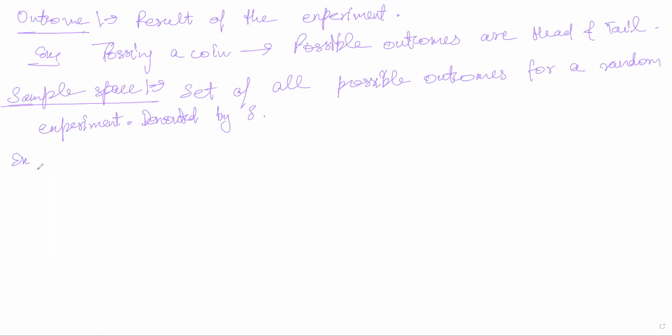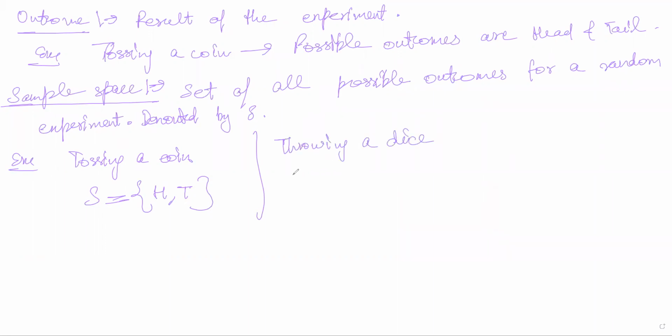फॉर एग्जांपल आप एक एक्सपेरिमेंट करो, टॉसिंग अ कॉइन, तो इसका सैंपल स्पेस होगा एस. नो एस के अंदर क्या होगा, जो भी इसके पॉसिबल आउटकम्स हो सकते हैं. तो आपने एक कॉइन टॉस करा तो या तो हेड हो सकता है या तो टेल हो सकता है. ये इसका सैंपल स्पेस है. For example, throwing a dice. आपने डाइस थ्रो करा, तो क्या क्या आंसर आ सकता है?